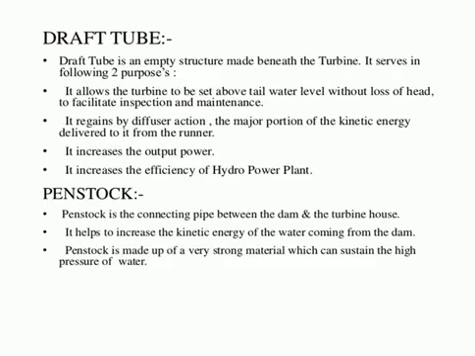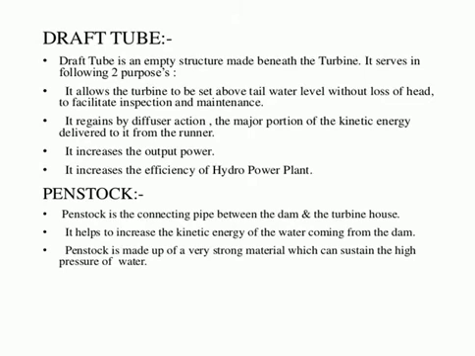Now discuss draft tube. Draft tube is an empty structure made beneath the turbine. It serves the following two purposes. It allows the turbine to be set above tailwater level without loss of head, to facilitate inspection and maintenance.